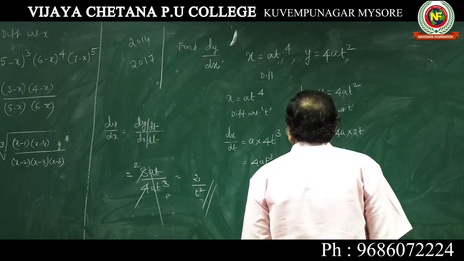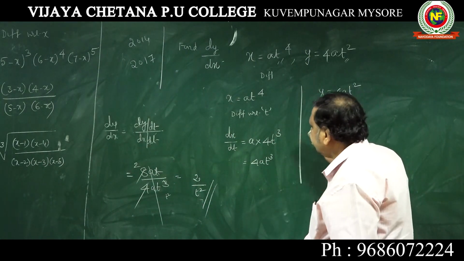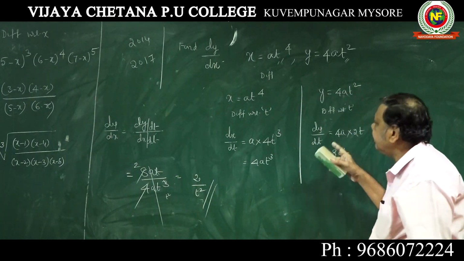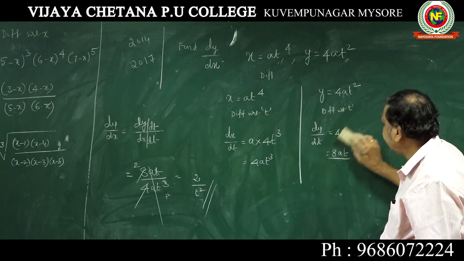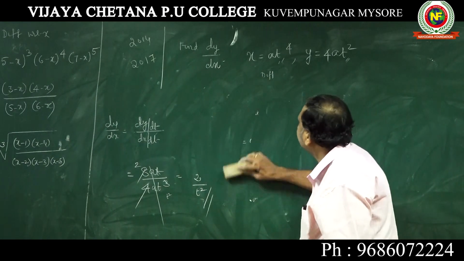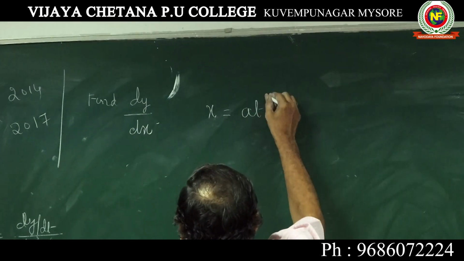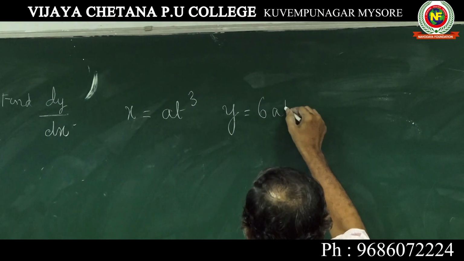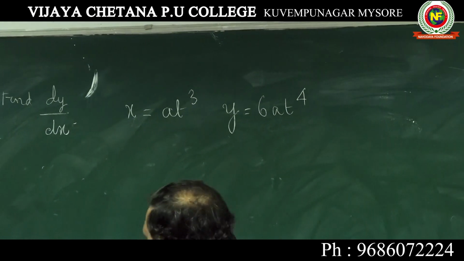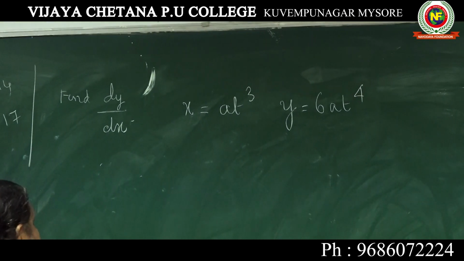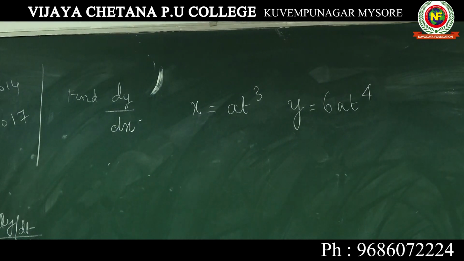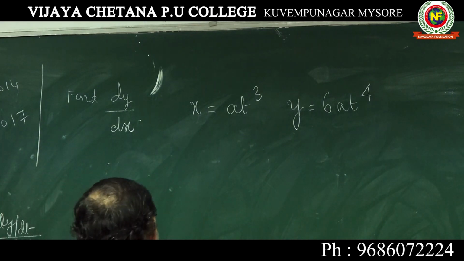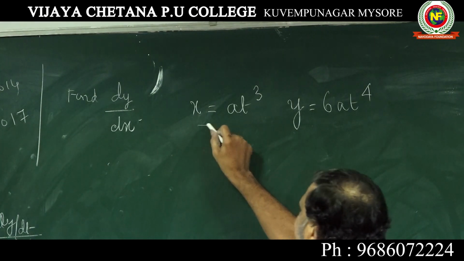You take one more problem, let us see how we do it. Take down x equal to a t cube and y is equal to 6a t to the power of 4. Now, I told you this is a parametric function.